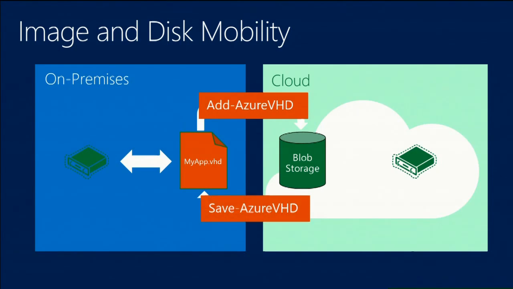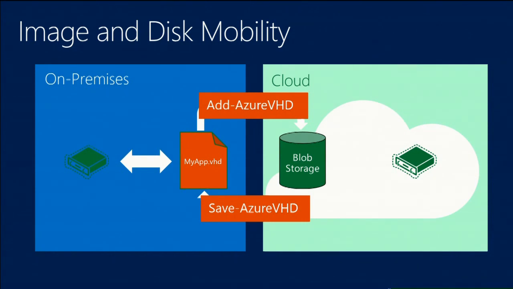And what's really nice about them versus your typical Windows Azure storage tools is they understand the VHD file format. So whenever I call Add-AzureVHD, the first thing it does, instead of just treating it like some blob file, is it cracks open the VHD and discovers what bytes are written inside of that file.